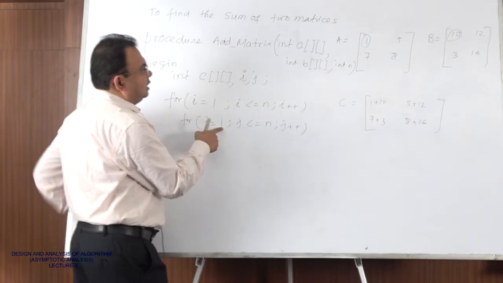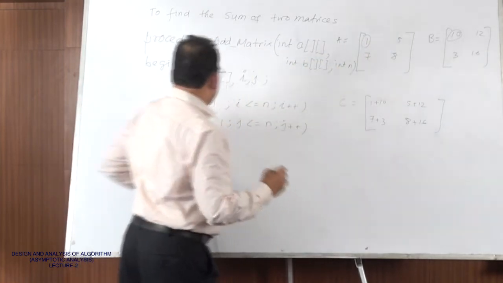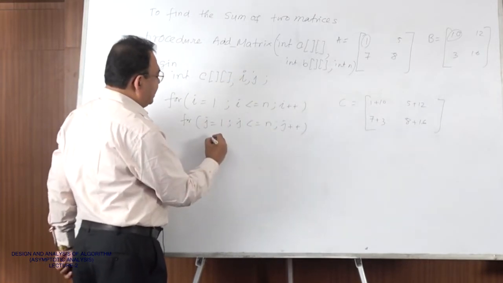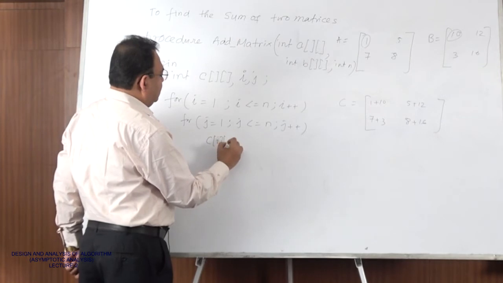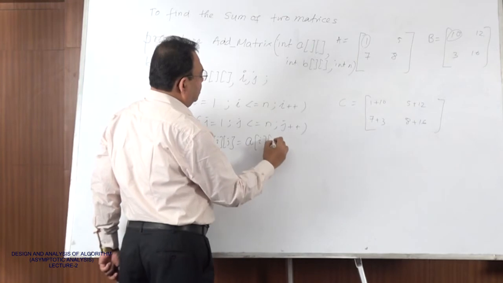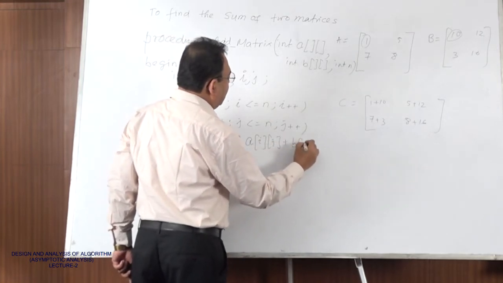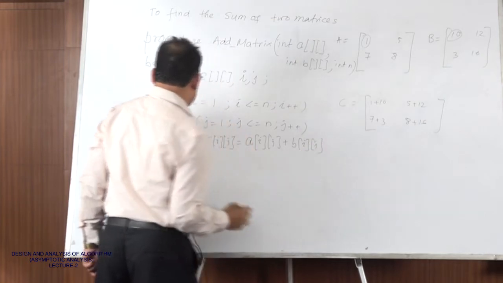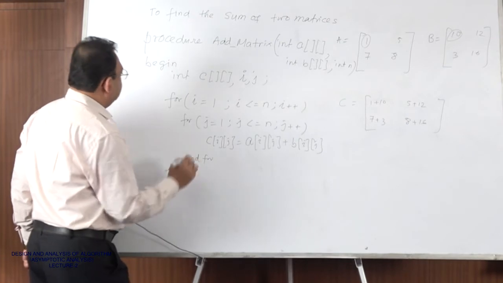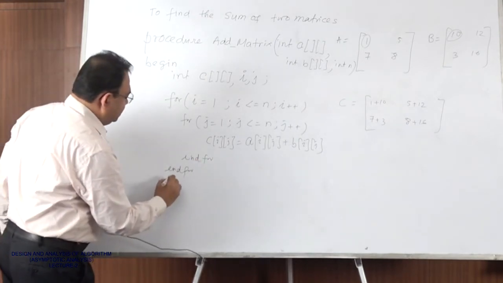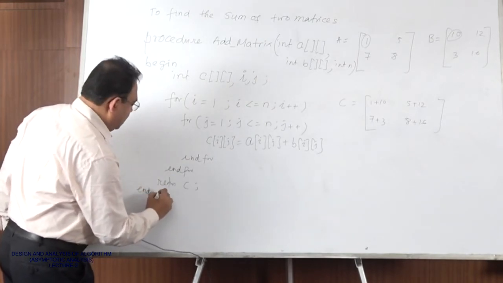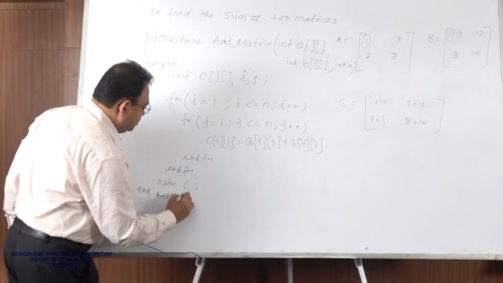For each ij position, I am summing up A and B and storing in the C array, that is, C[i][j] equals A[i][j] plus B[i][j], end for, and at the end return C, and end of the algorithm, end add matrix.